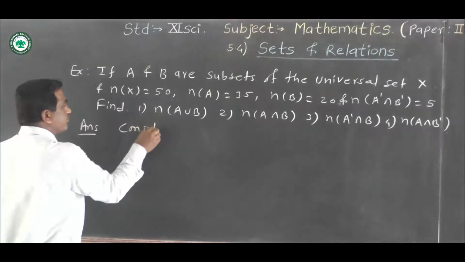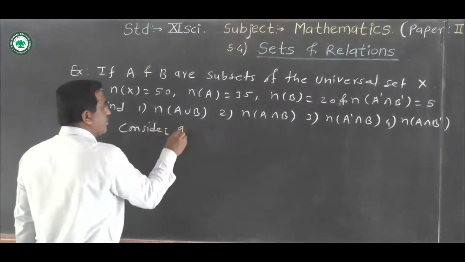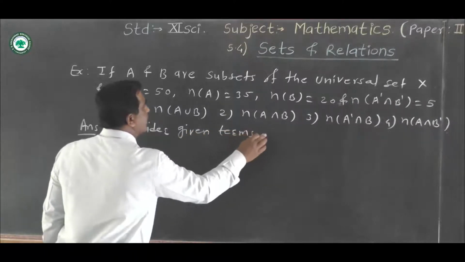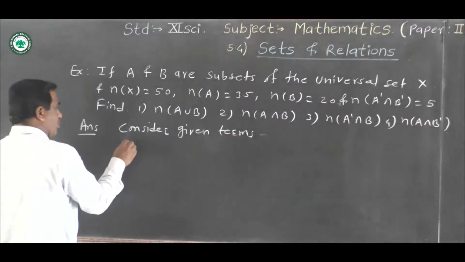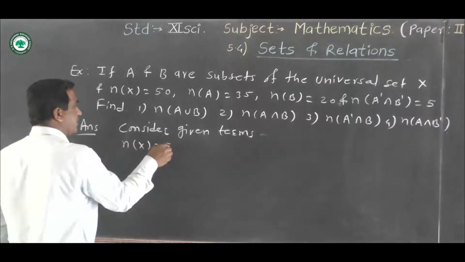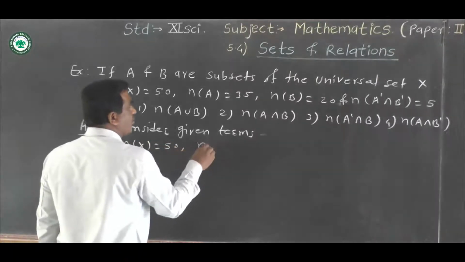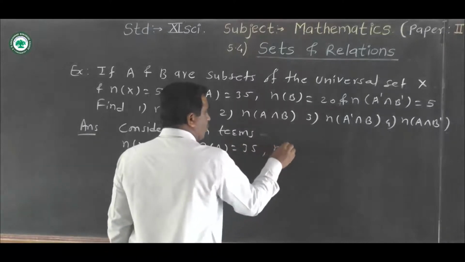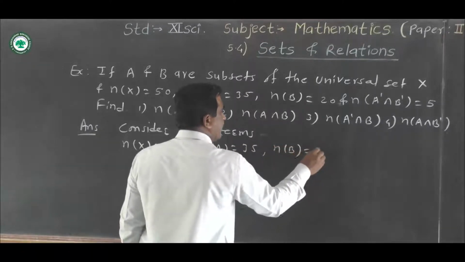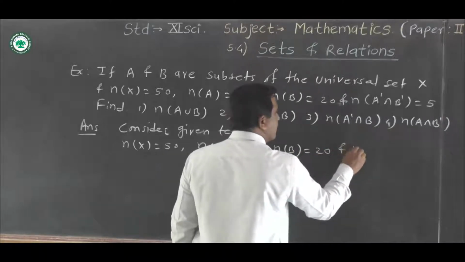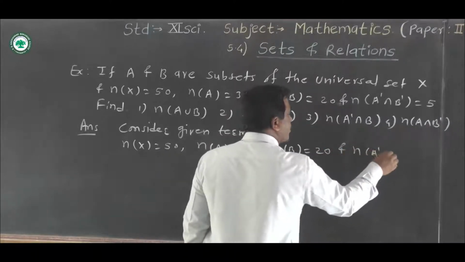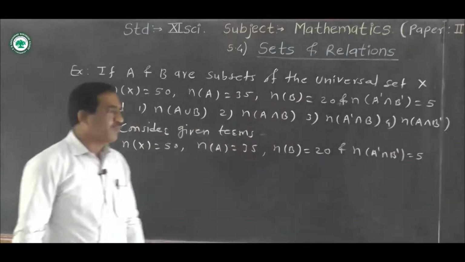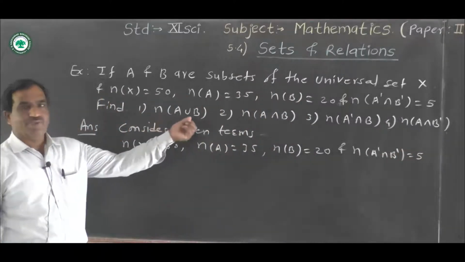Consider the given terms, that is, first, n(X) is equal to 50, n(A) is equal to 35, n(B) is equal to 20, and n(A' intersection B') is equal to 5. Now first we have to find n(A union B).